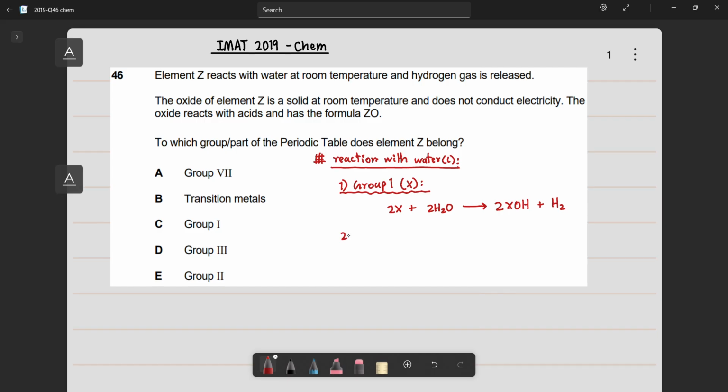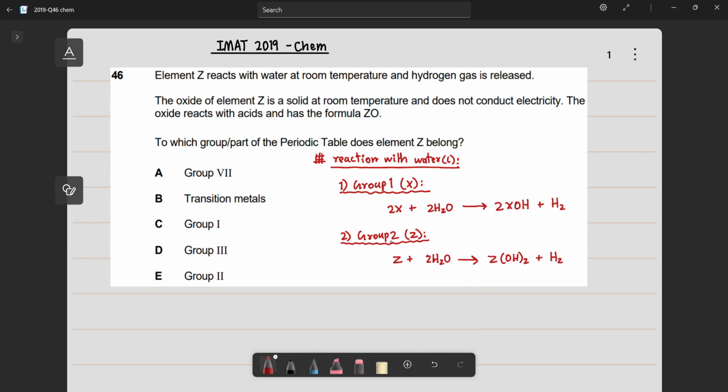And for group 2 elements, which I'm going to represent using the symbol Z, we have Z plus 2 moles of water, which gives the metal hydroxide and hydrogen gas that is released.